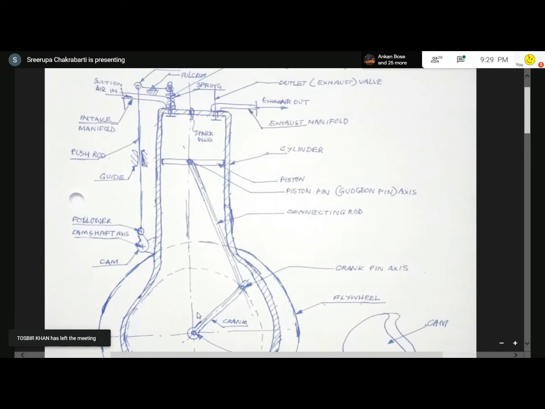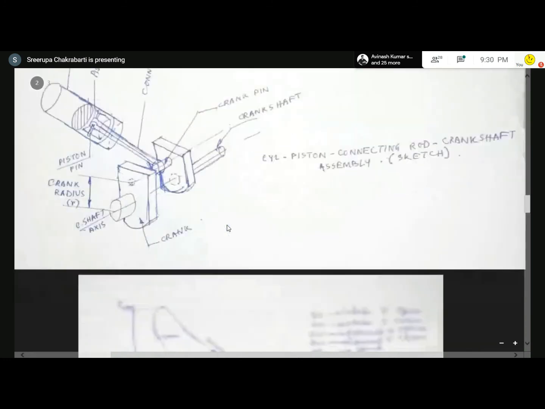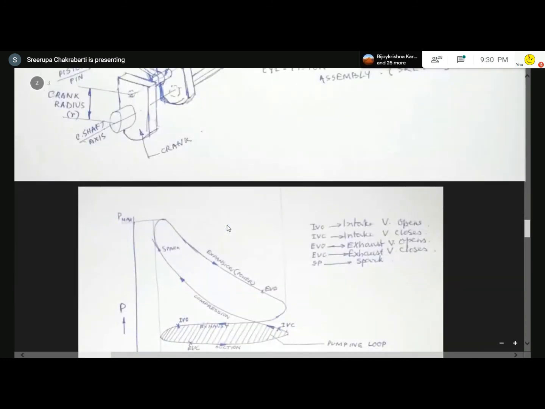Just like instead of PV, you can write P theta. I'm trying to explain the P theta diagram to you.